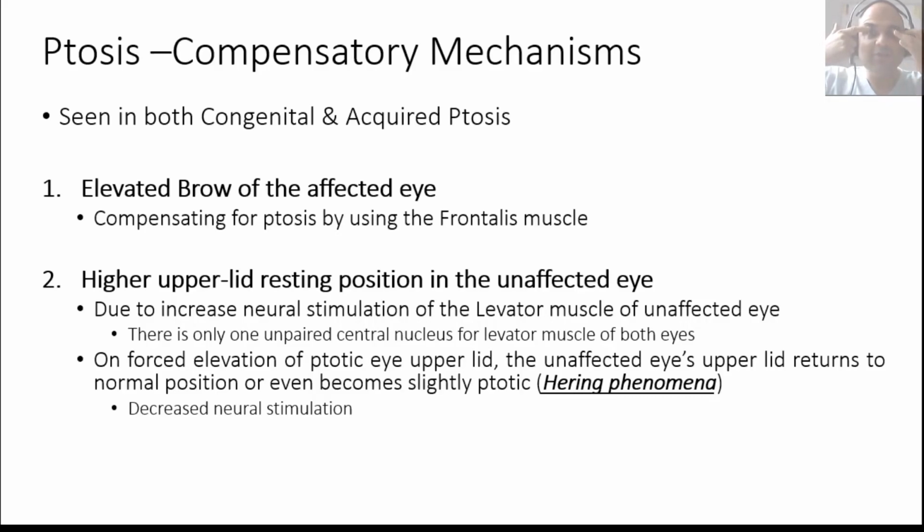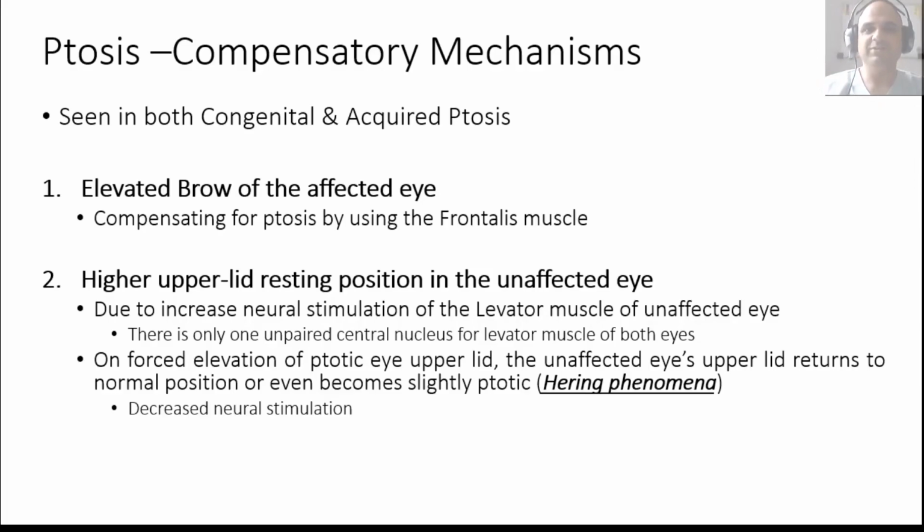So it will come back to its normal place, or more commonly would become ptotic because it was receiving such a lot of stimulation. It was so hyper excited and raised that as soon as the additional stimulation is withdrawn, it becomes ptotic, which is very interesting. This is also called Hering's phenomenon.